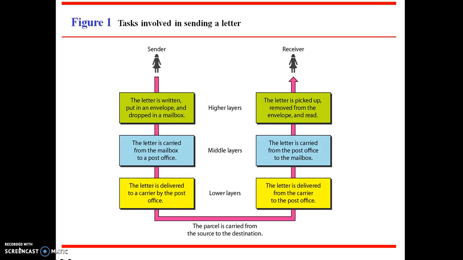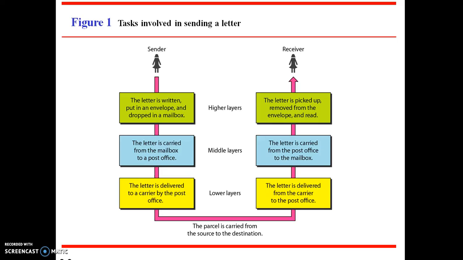So the parcel is carried from source to destination, from the source post office to the destination post office. The letter is delivered from the carrier to the post office. The carrier carries the information, here the information being the letter, and delivers it to the post office.